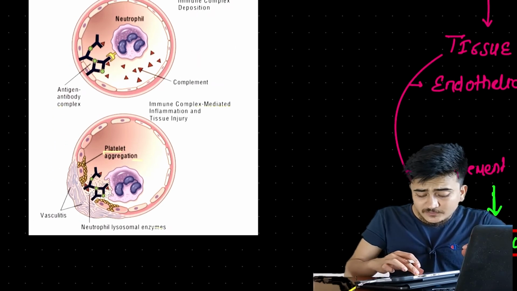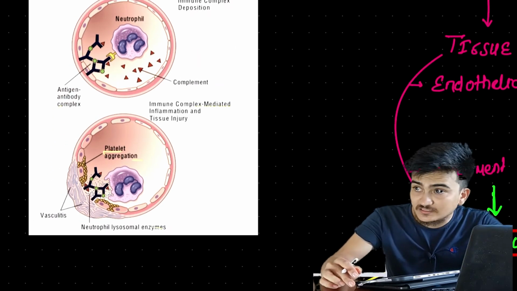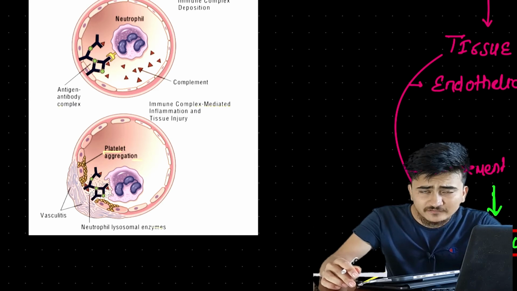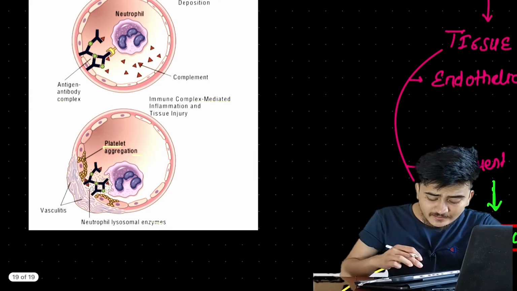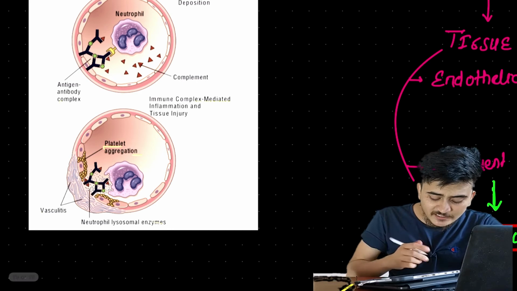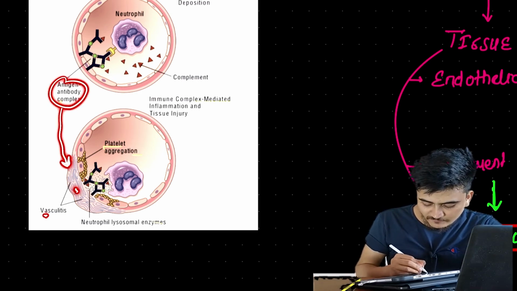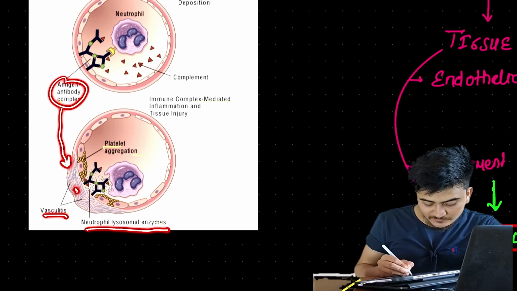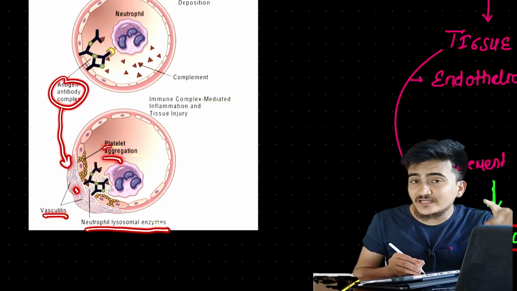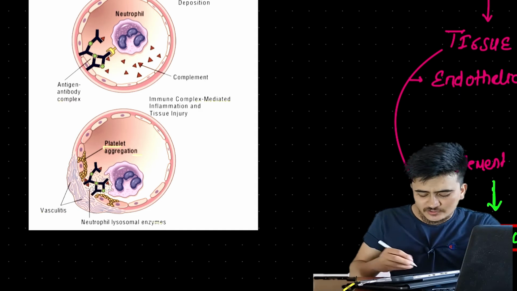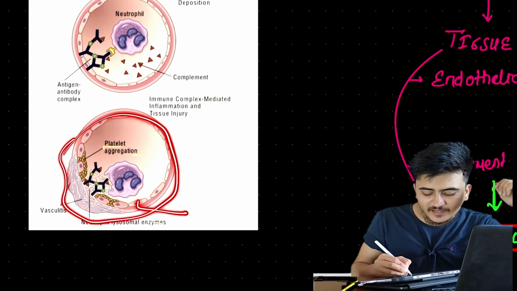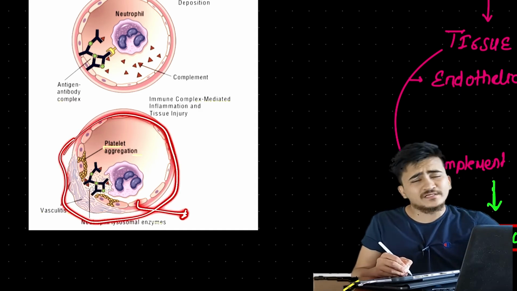Now after the deposition, these antigen antibody complexes will start producing destruction. You can see here vasculitis, neutrophil lysosomal enzymes, and platelet aggregation at the site where they are deposited. And this is the final stage, the clinical manifestation, or you can say tissue damage.